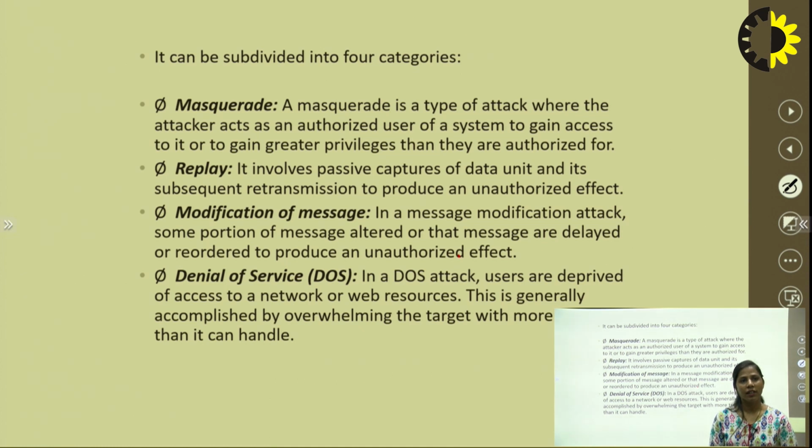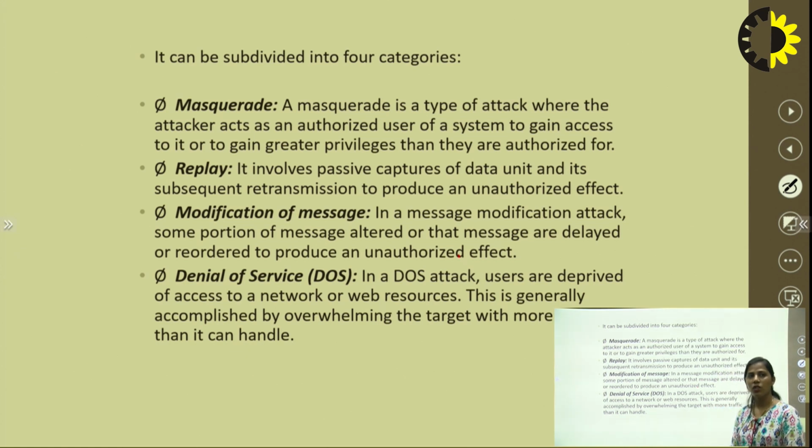In replay, the attacker retransmits the data, transferring it again and again as an unauthorized user, to produce an unauthorized effect on the data. The disadvantage is that important data can be missed or mismatched in the series of that particular data.